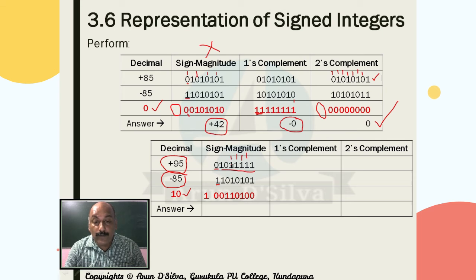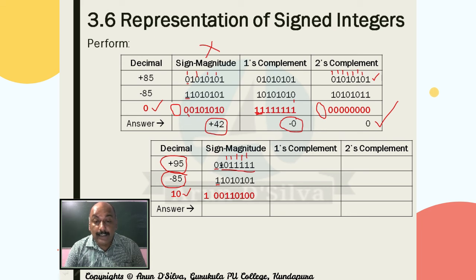1 plus 1 plus 1, I did the addition, then I got 1 1. I wrote 1 here, and 1 I took as a carry. 1 plus 0, I got 1 itself, I wrote here, so no carry generated here.